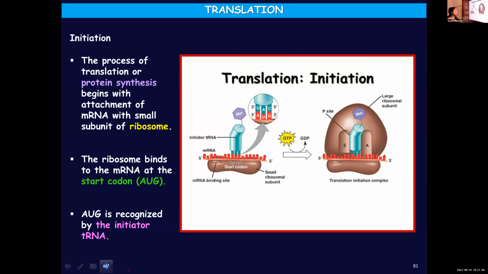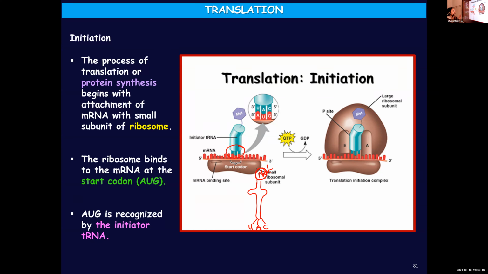The initiator transfer RNA is the RNA having the anticodon for AUG. The anticodon will be UAC, and it will have methionine at one end. This transfer RNA will come and get attached to the start codon, because there it is AUG. That is how the process starts.